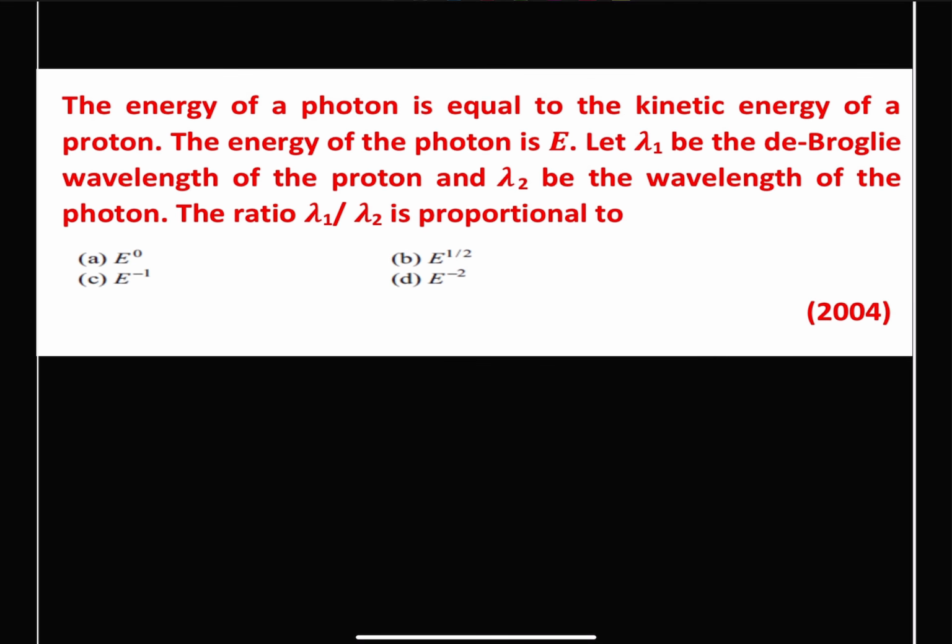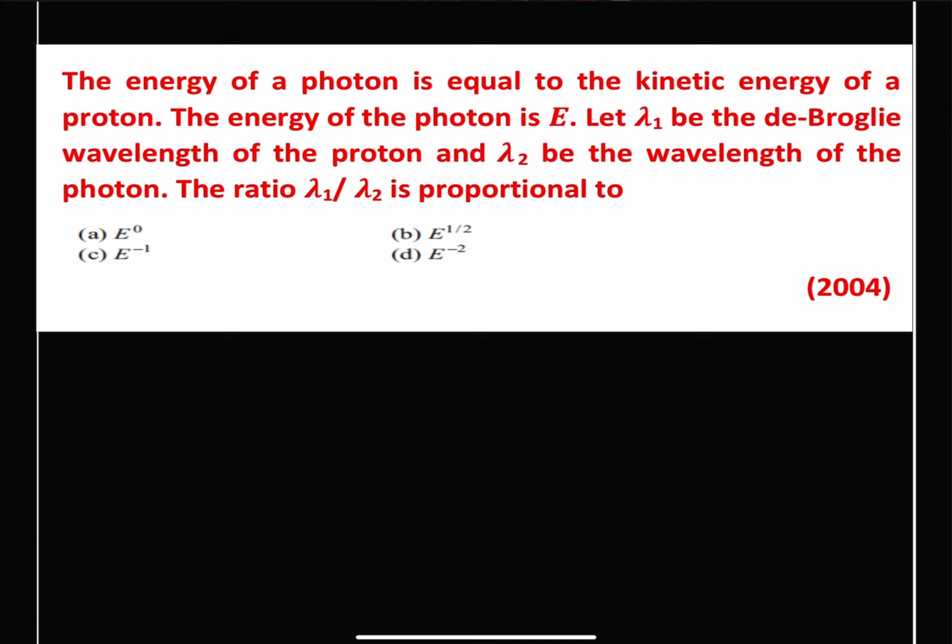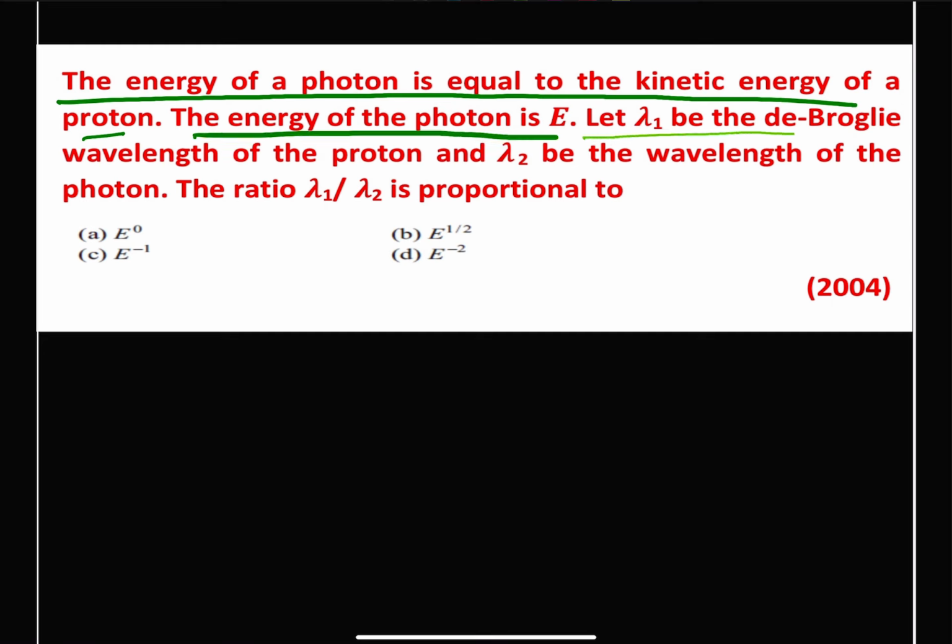It states that the energy of photon is equal to kinetic energy of the proton. The energy of proton is E. Let lambda 1 be the de-Broglie wavelength of the proton and lambda 2 be the wavelength of the photon. The ratio of lambda 1 upon lambda 2 is proportional to.